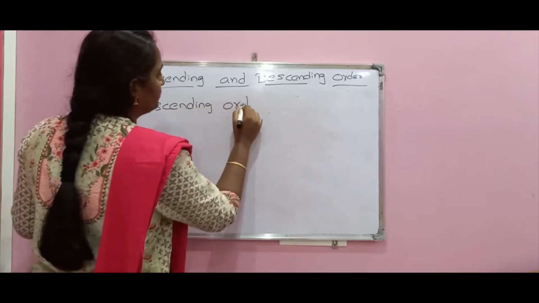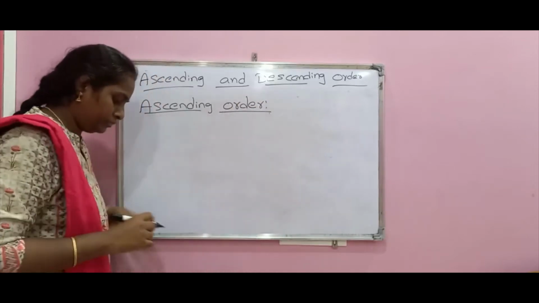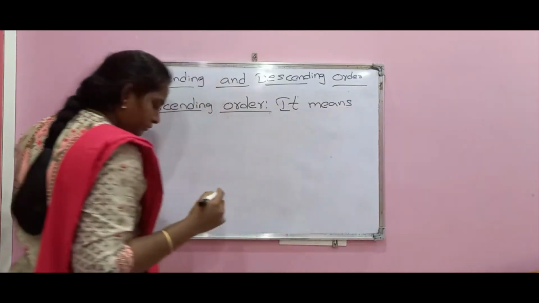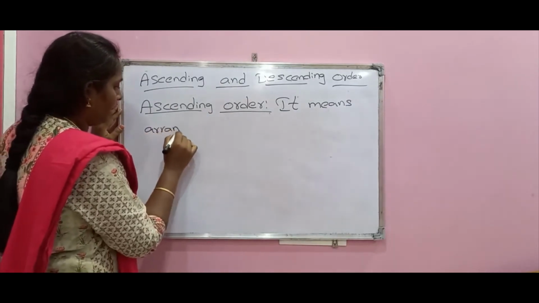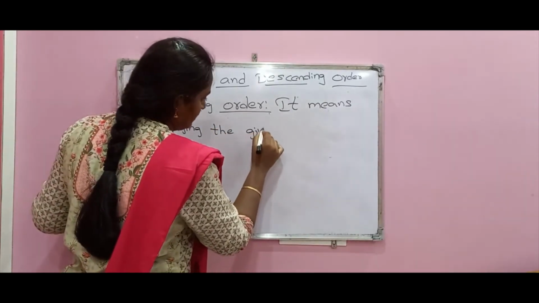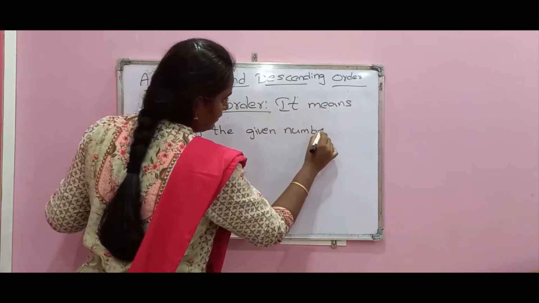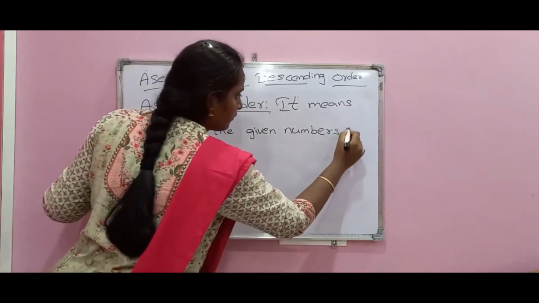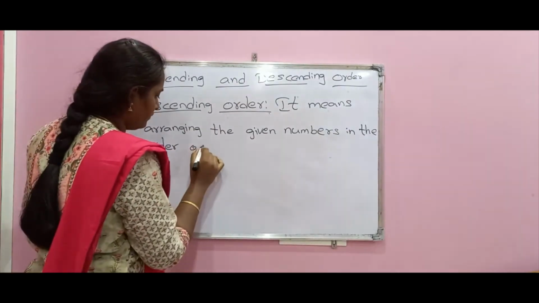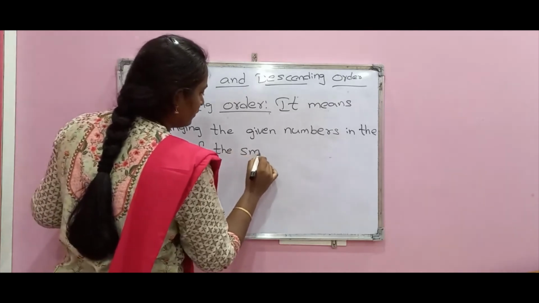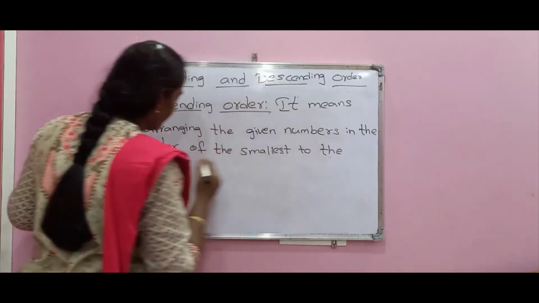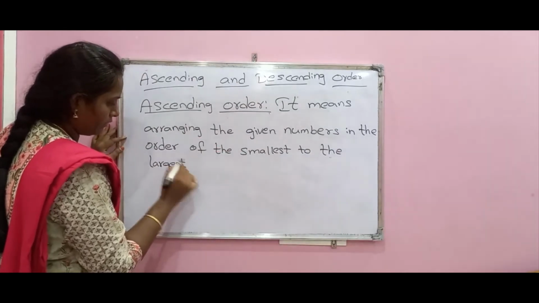Ascending order. It means arranging the given numbers in the order of the smallest to the largest.